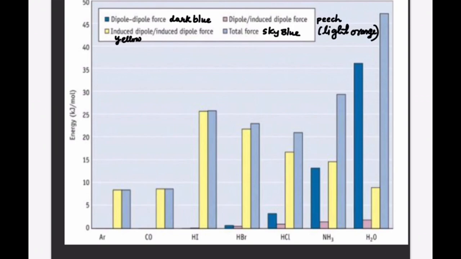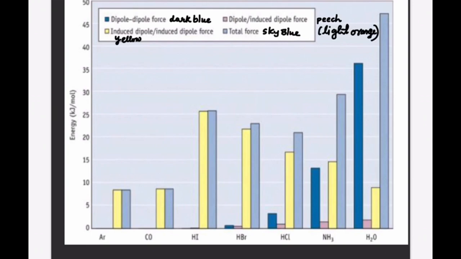The dipole-dipole forces are indicated in dark blue color, and dipole-induced dipole forces in light orange or peach color. Yellow is for induced dipole interaction, and the total force, the sum of all these forces, is represented in sky blue color.